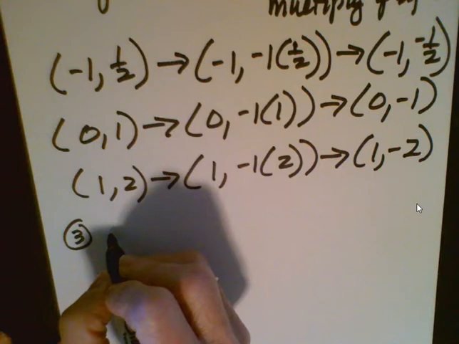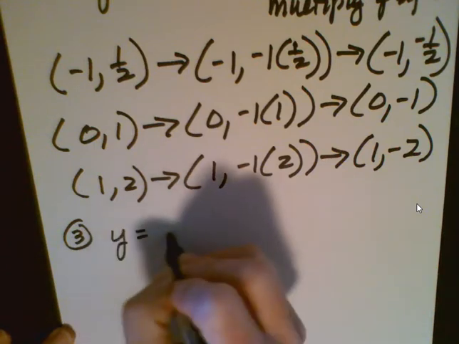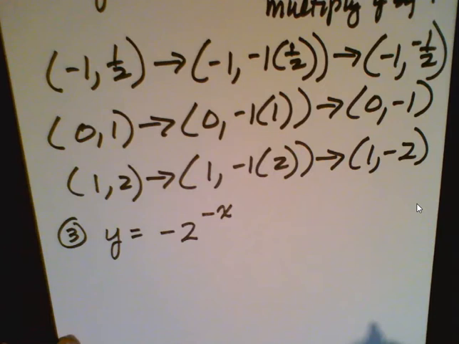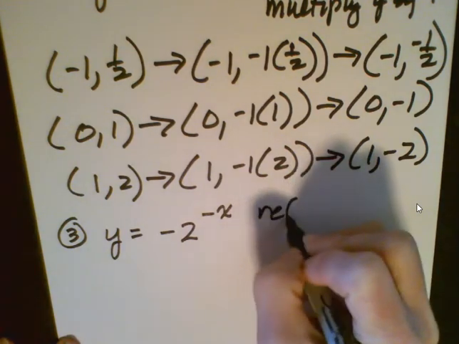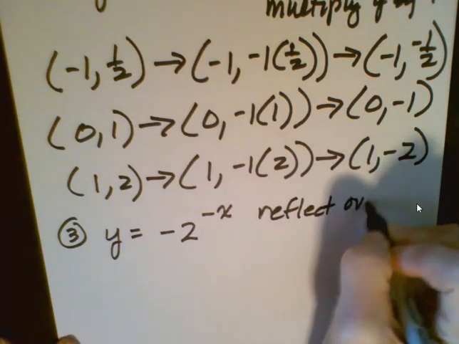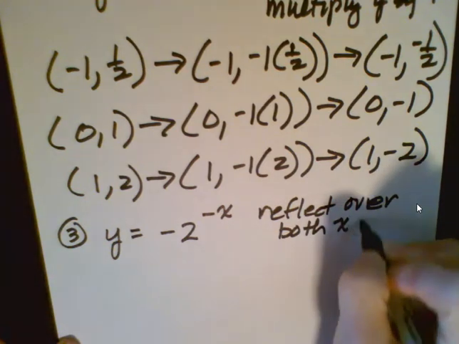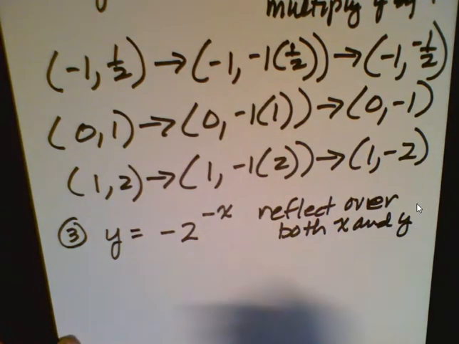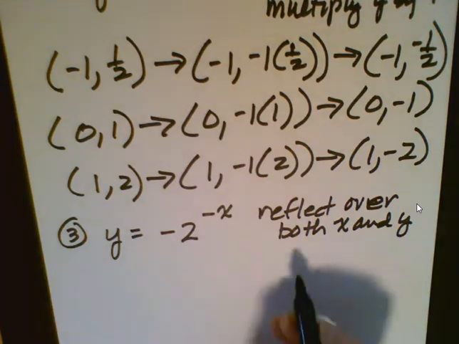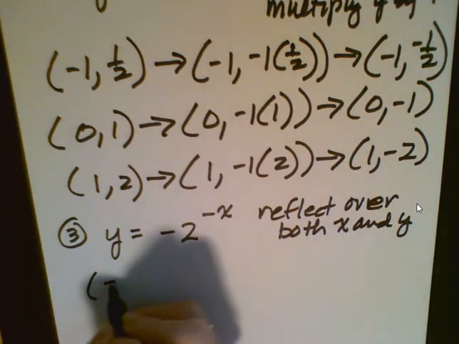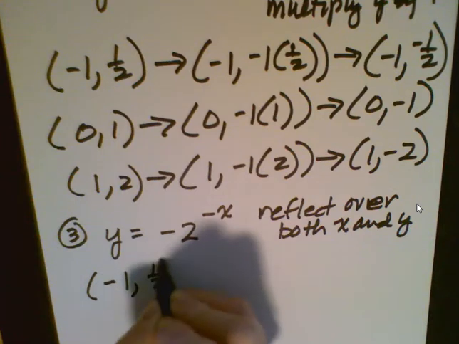All right, what if we had y equals negative 2 to the negative x? What's happening here? We're reflecting over both x and y. And so both of those are multiplied by negative 1. In other words, the sign is going to change for both x and y. That's the easy way to think about it, because then I don't have to do all that multiplication.